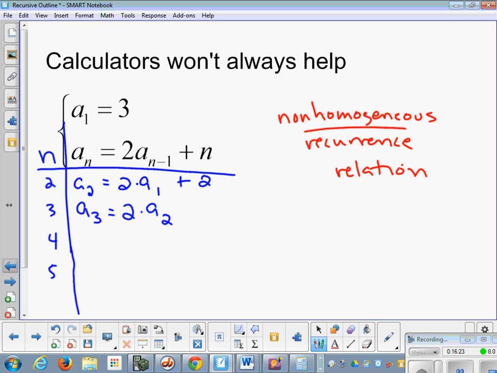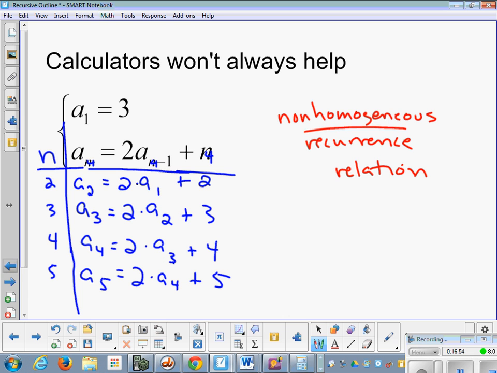I'm just plugging 3 into each of these. A sub 3, 2 times a sub 2, plus 3. Now I'm going to do it again, this time with the 4. I get a sub 4 is 2 times a sub 3 plus 4. And now we start to see the pattern here in the numbers too, which makes this next one even easier. I think it's going to be a sub 5 is 2 times a sub 4 plus 5.